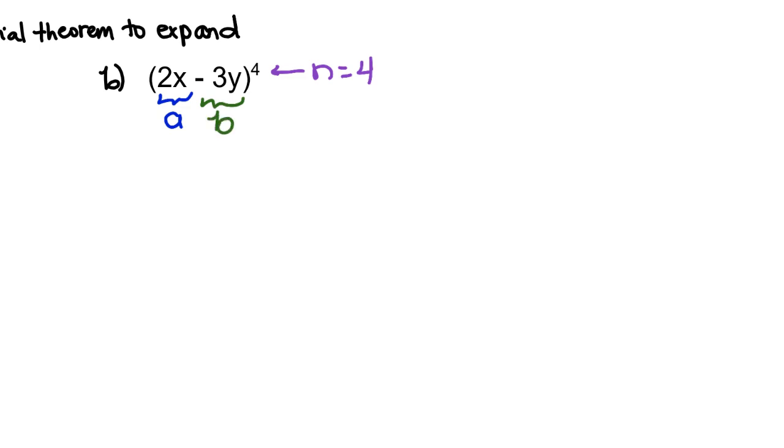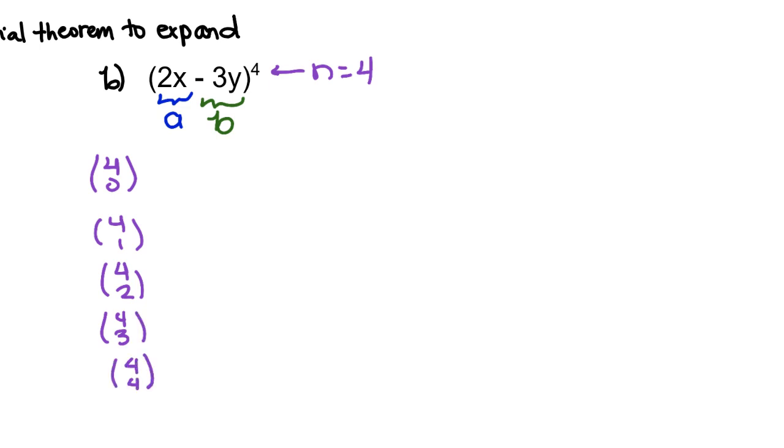So what this means is I'm going to use that 4 and go 4 choose 0, 4 choose 1, 4 choose 2, 4 choose 3, 4 choose 4. If it had been a 3, I would do 3 choose 0, 3 choose 1, 3 choose 2, 3 choose 3. So then the next piece is to take the 2x.